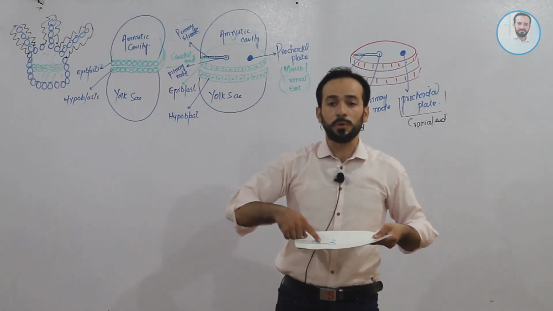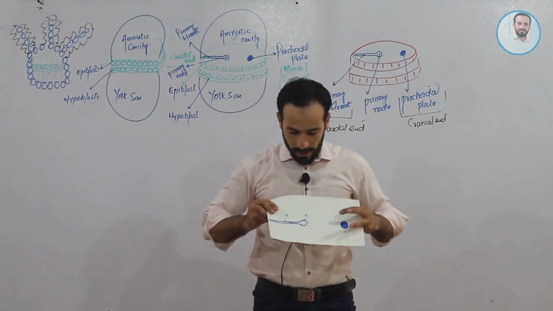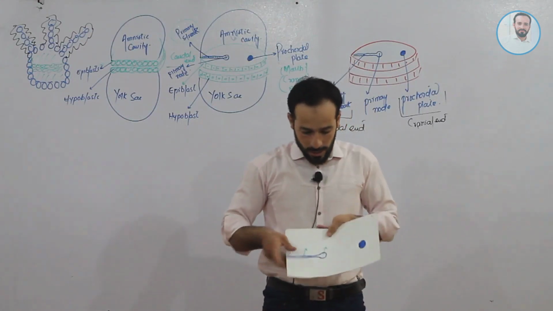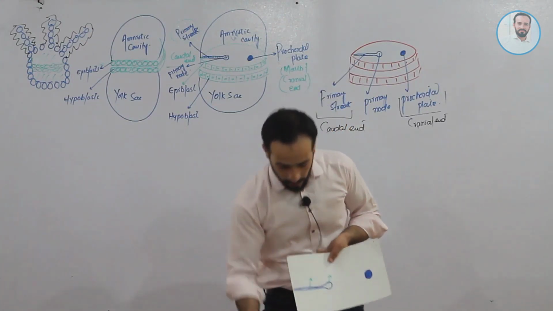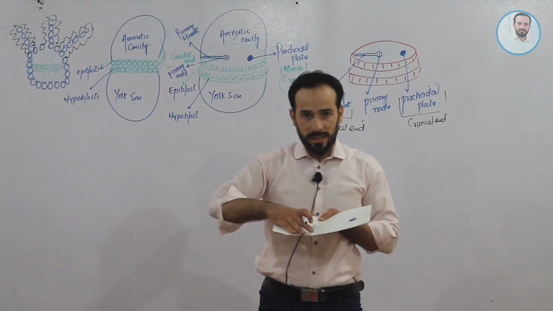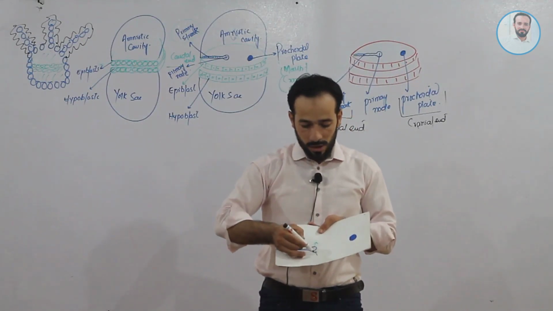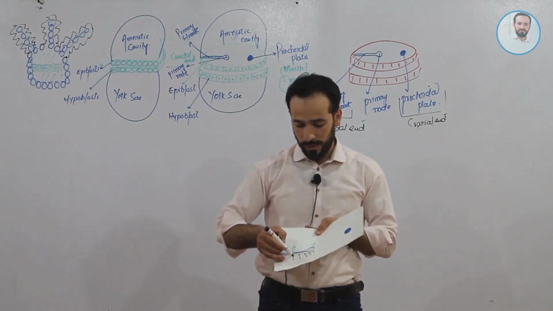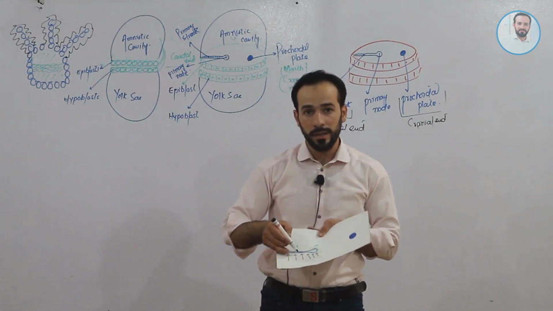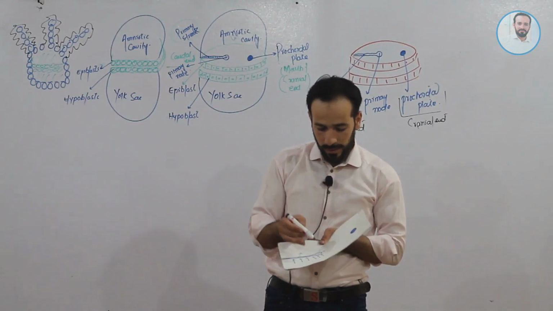Friends, at this point, at the primary streak and this primary node, what will happen, friends? The epiblast layer cells will start division and migration towards this streak and this node, right?